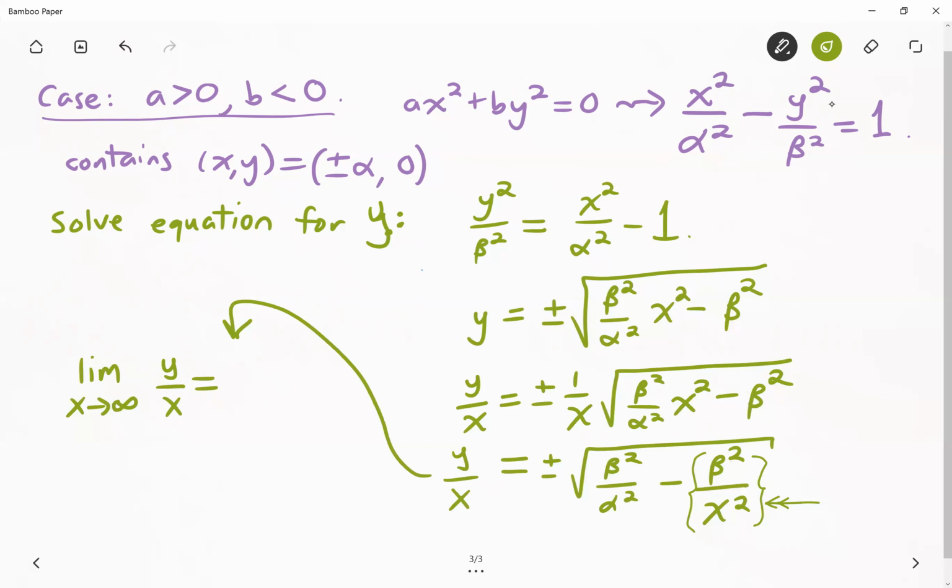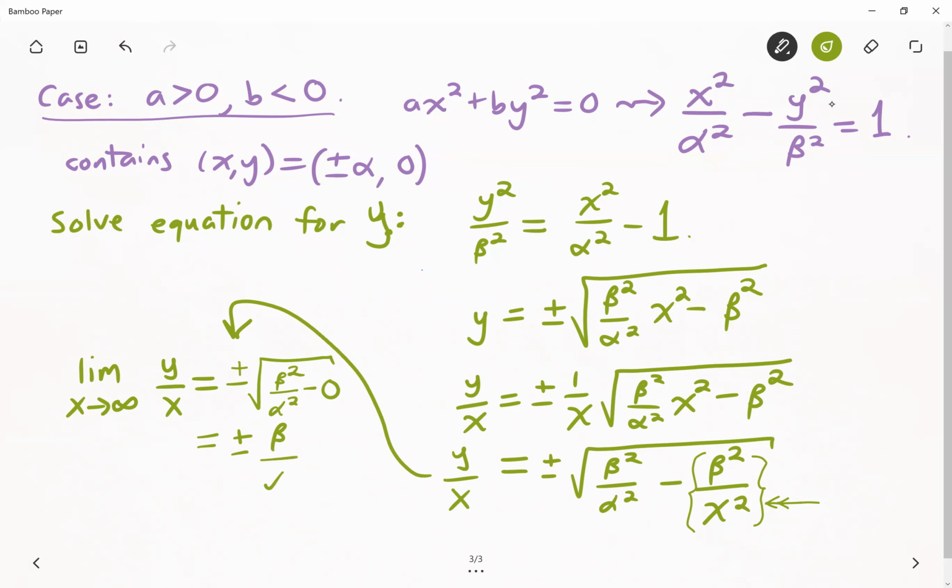So you're left with plus or minus the square root of beta squared over alpha squared minus 0. Subtracting 0 from something doesn't change the number at all. So you're left with plus or minus the square root of perfect squares in the numerator and denominator.